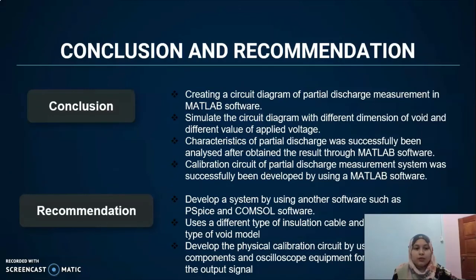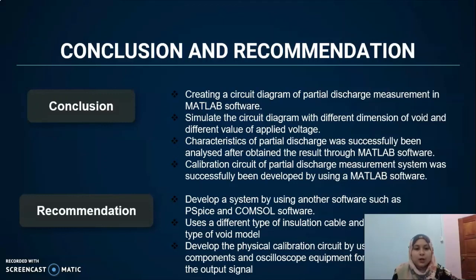The conclusion for this project is that it is able to create a circuit diagram of partial discharge measurement in MATLAB software by using various components. Then, this project is also able to simulate the circuit diagram with different dimensions of void and different values of applied voltage.